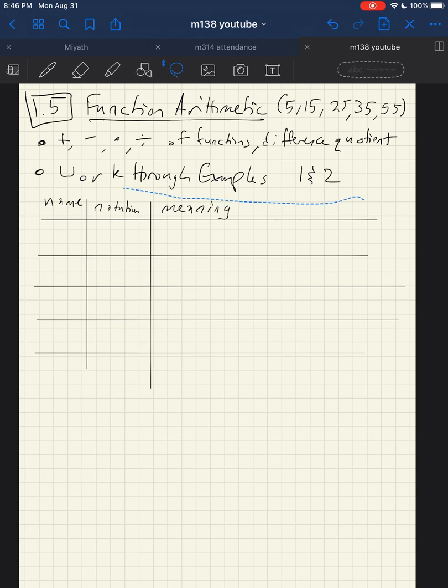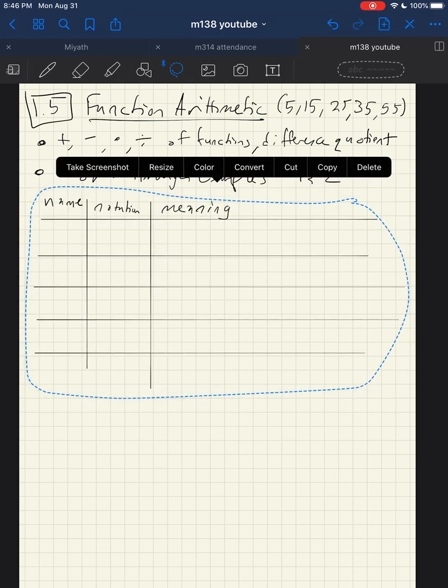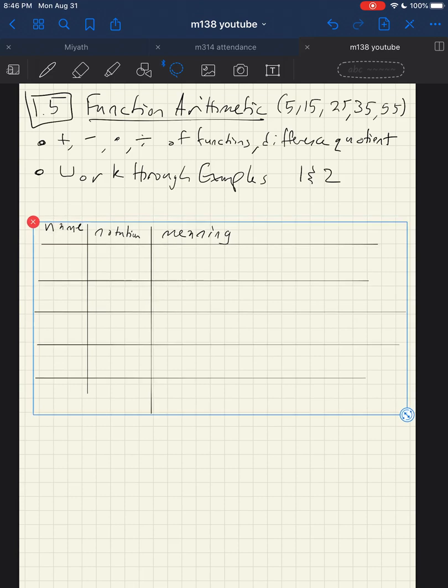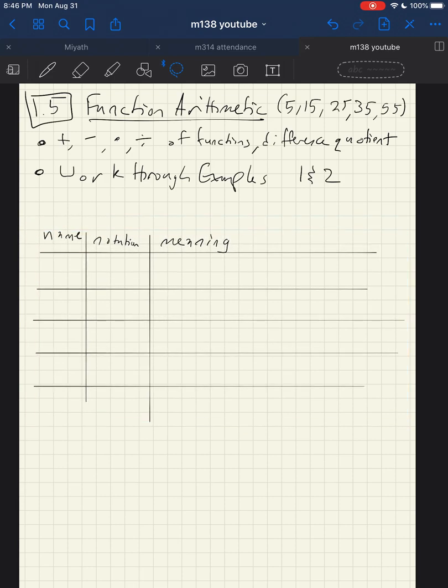Should actually move this, huh? Okay, so for functions f and g, we have the following table with name, notation, and meaning.